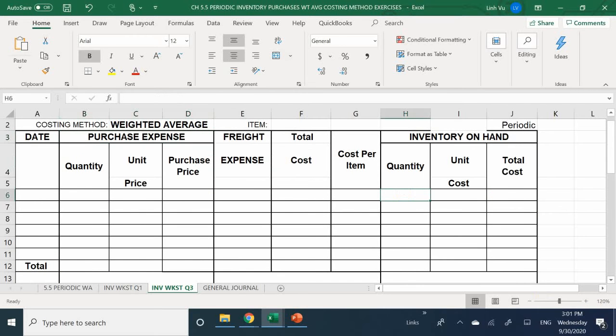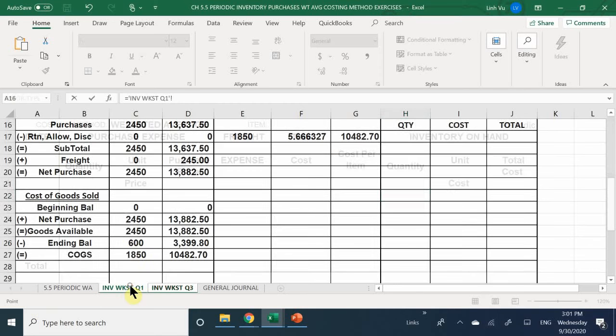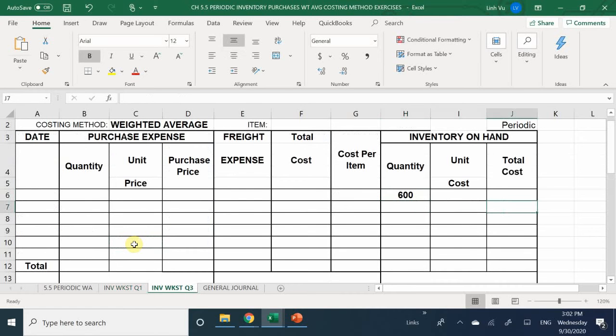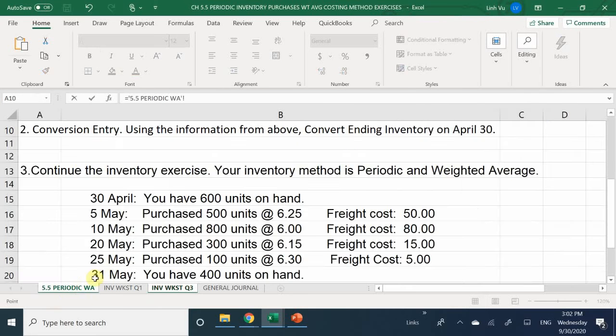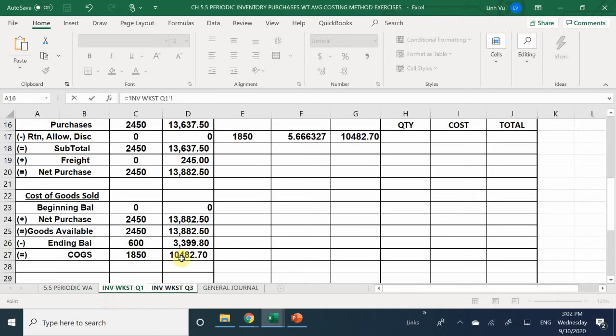So I should have a total of 600, I believe, and it's going to cost me $3,399.80.